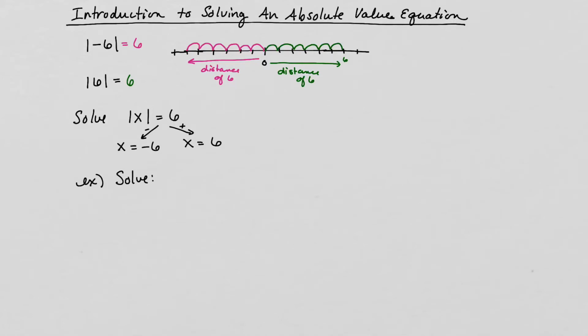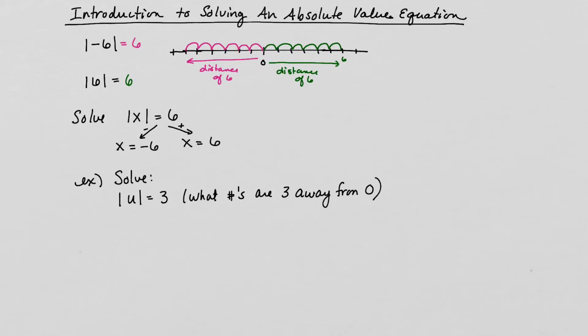So here's another example. So we'll solve the absolute value of, say, u equals 3. So again, this is just asking what numbers are 3 away from 0.